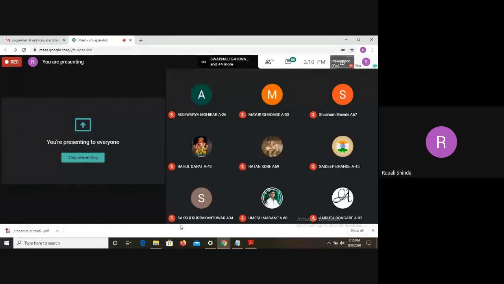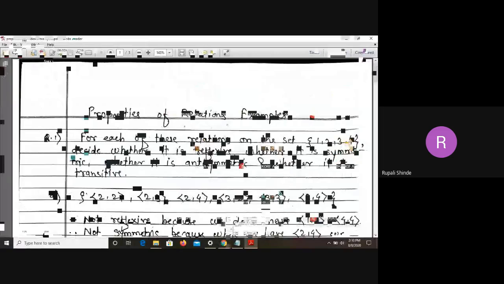Ratan Kore, can you tell me whether this relation is transitive?